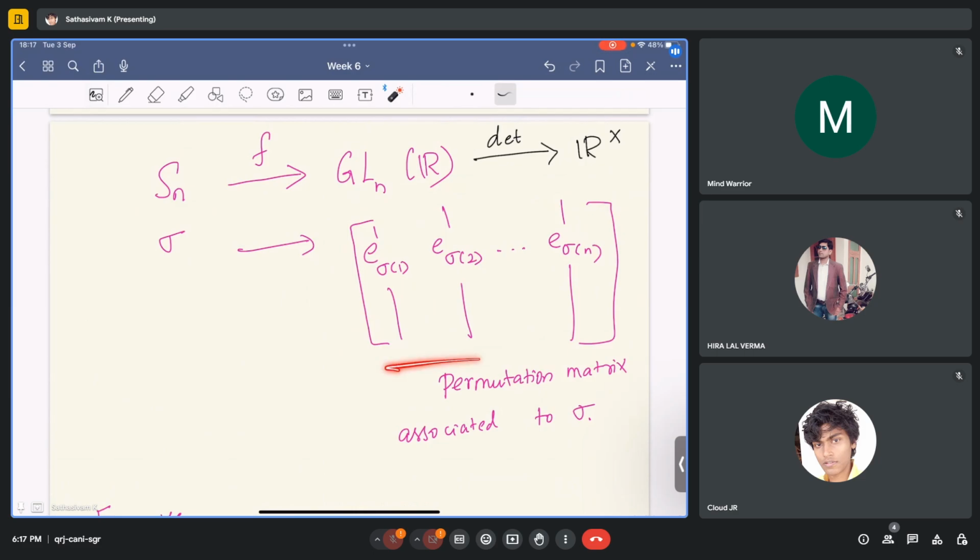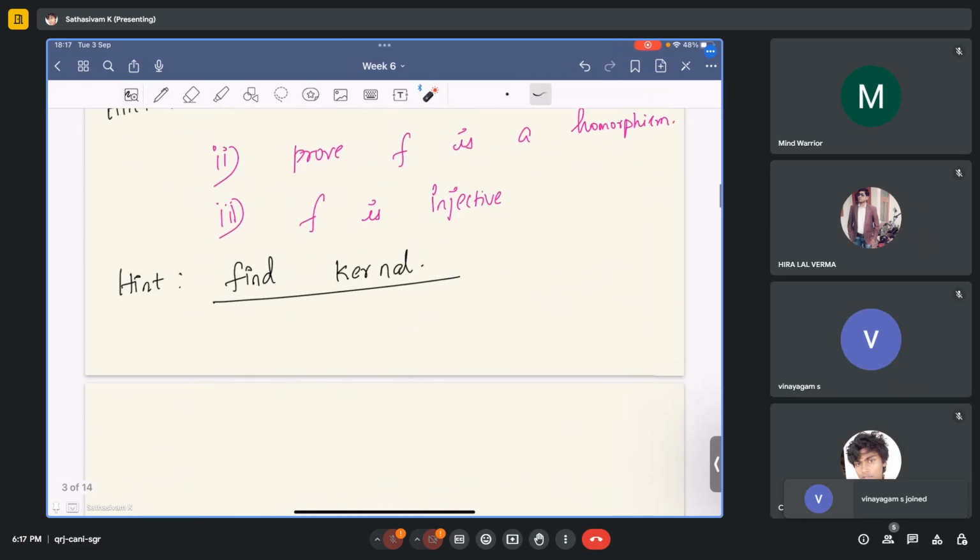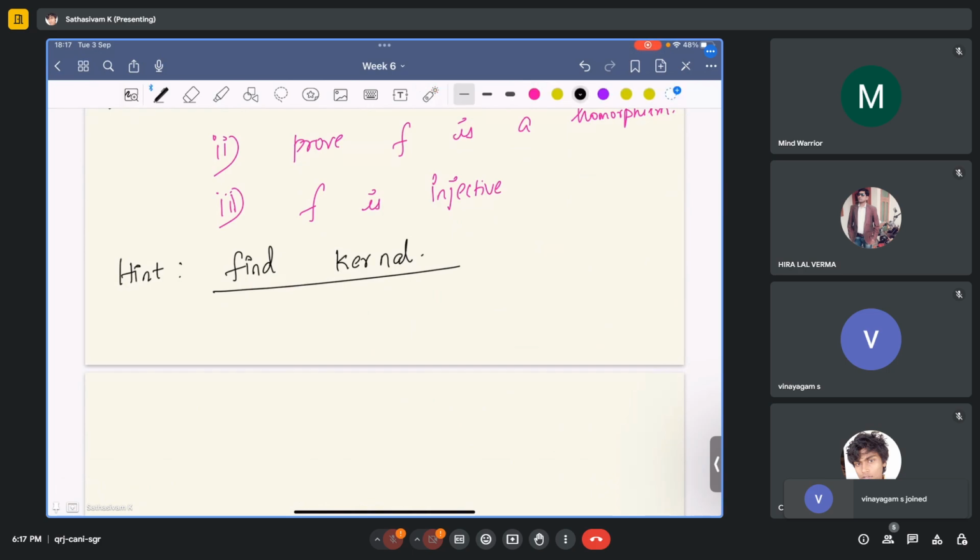Okay, so this you can prove. So prove that the determinant of F of sigma belongs to plus or minus 1.